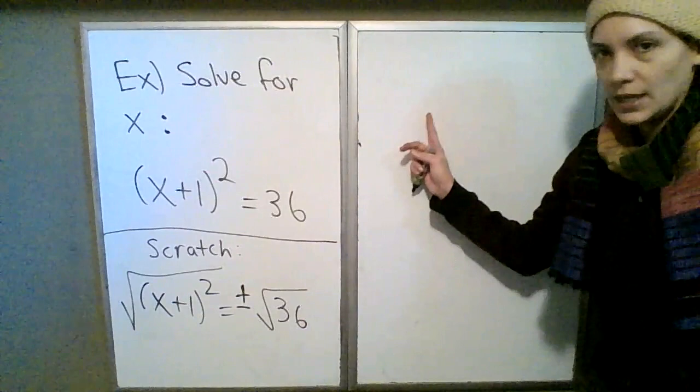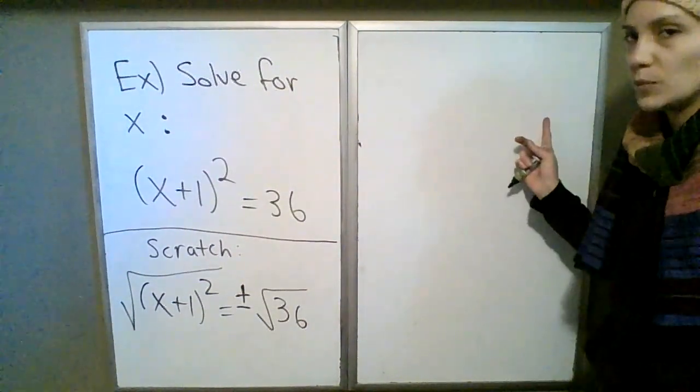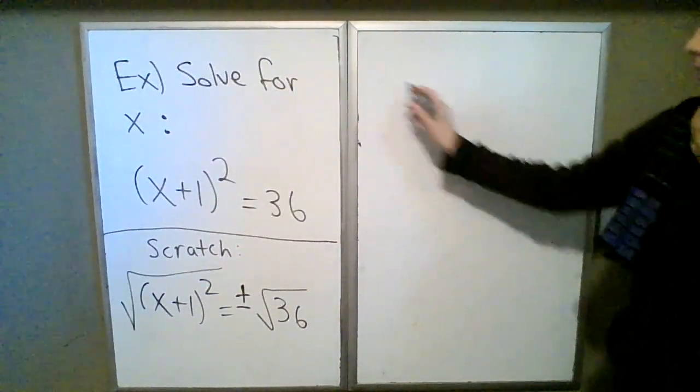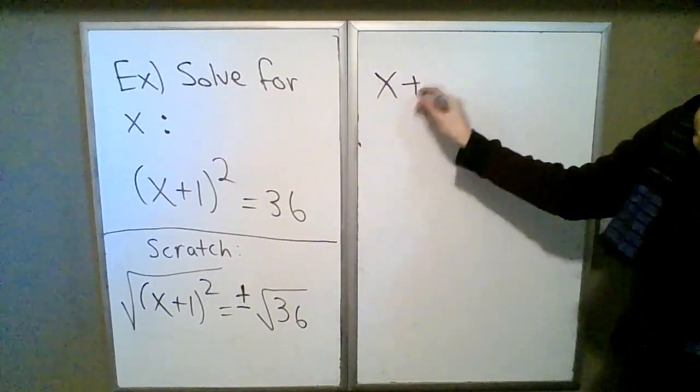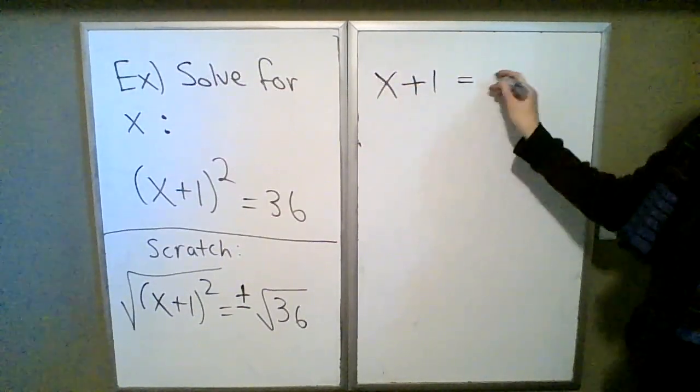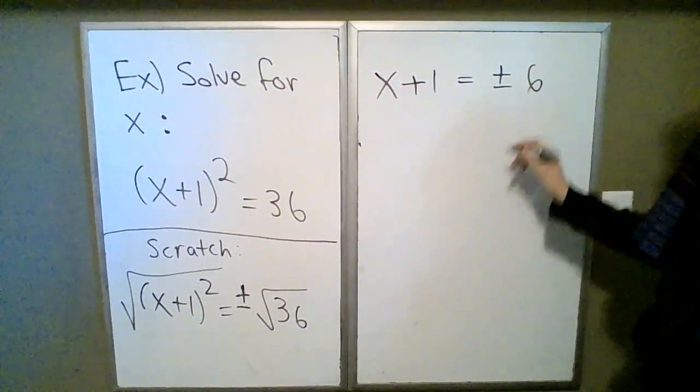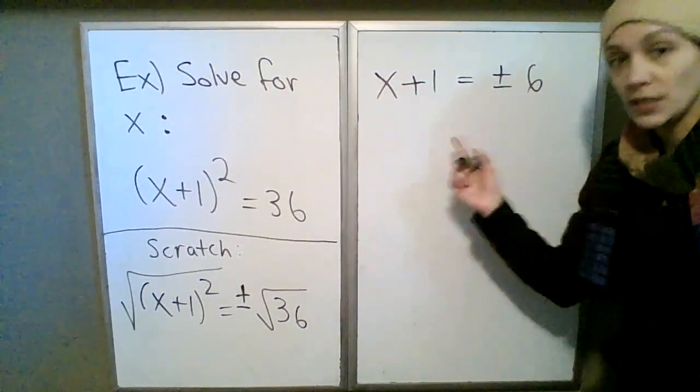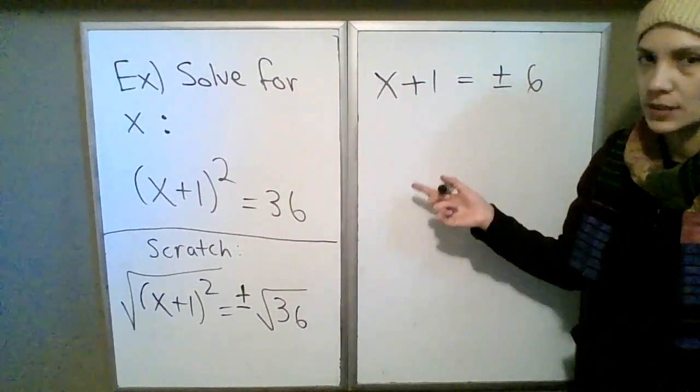Okay, so we're at x plus 1 equal to plus or minus 6. So we'll get two x values, two solutions.